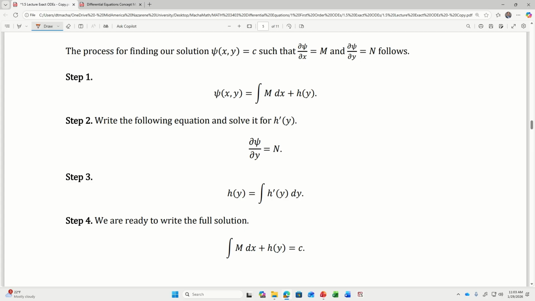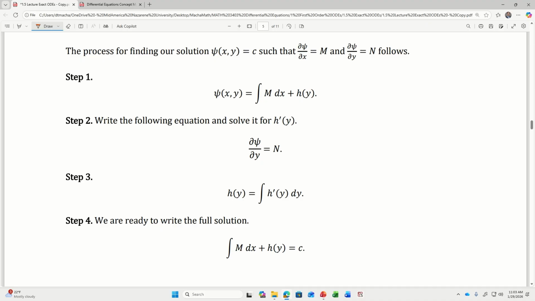I have a little plus h of y, where h is just a function of y only, because if psi has some terms that are only a function of y, well then when I take the partial of psi with respect to x, those are all going to go away and go to 0. They won't appear in the capital M function, right? And so I've got to account for this little part.